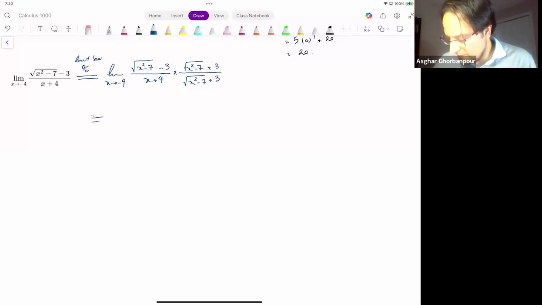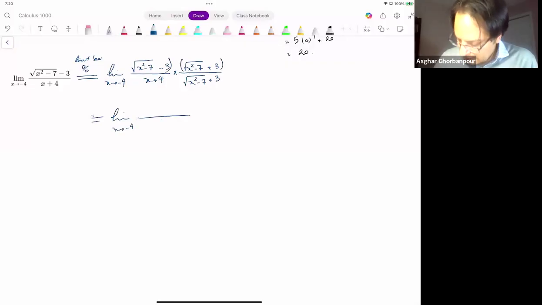So then this gives me the limit as x goes to -4. So this times that. These two are conjugates of each other.